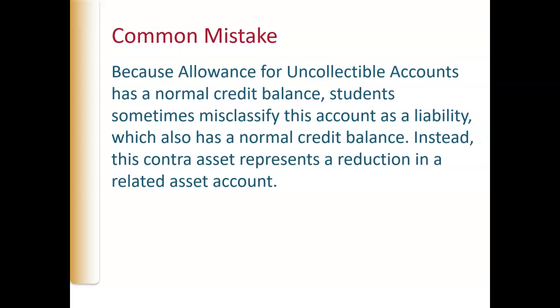Apart from the account deferred revenue, what does a liability have in its name? Payable. So we know that allowance for uncollectible accounts is not a liability just because it's got a credit balance, because it doesn't have the word payable in it. It's a contra asset account against accounts receivable, which is an asset.